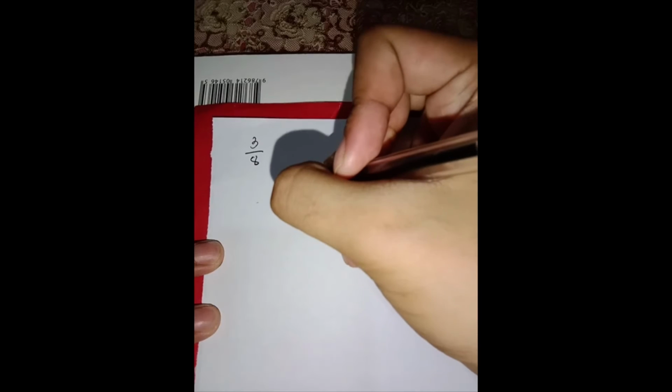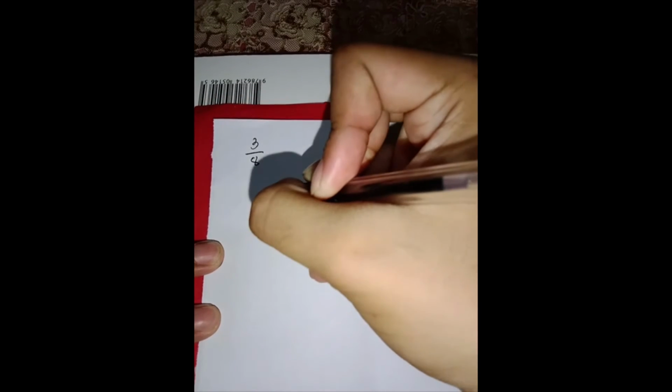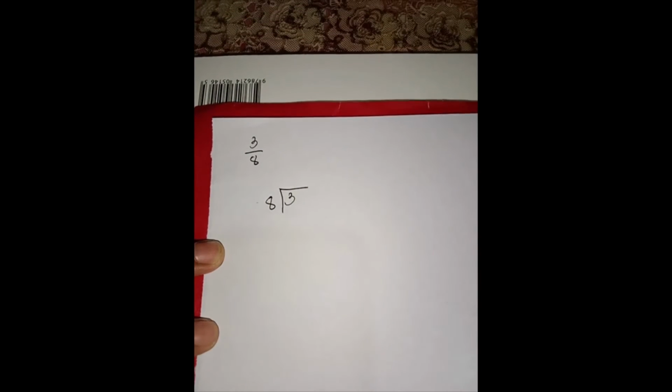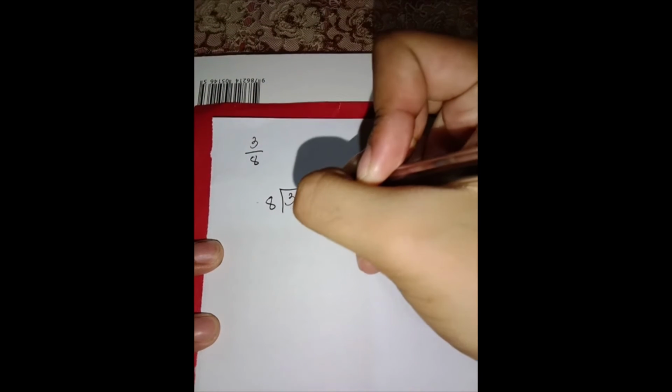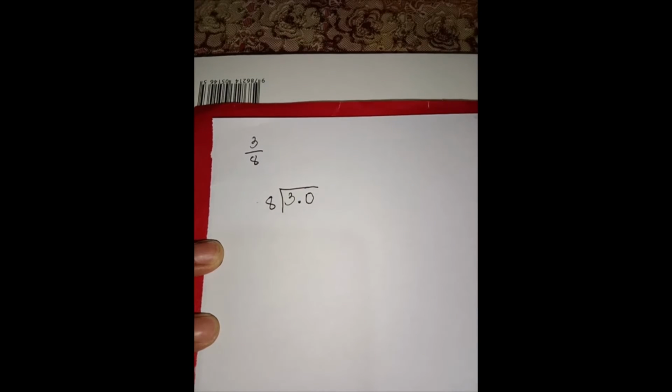What if I have here 3/8? Okay, so to change a fraction to a percent, we need to divide the numerator by the denominator. So I have here 3 divided by 8. 3 divided by 8 cannot be, so we will attach 0 as a placeholder.